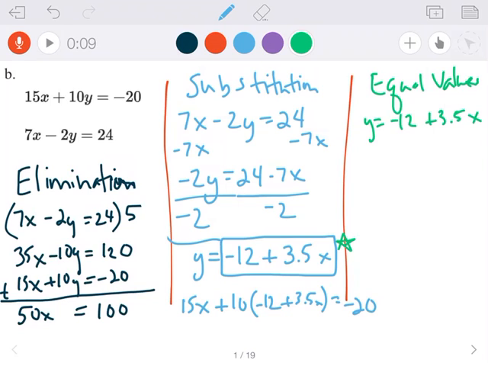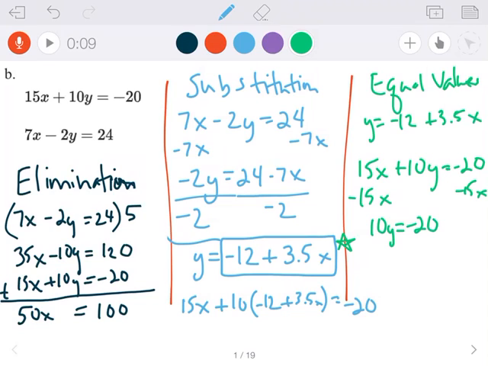So I'm going to take the other equation, 15x plus 10y equals -20, and I'm going to solve it for y, which means subtracting 15x from both sides. So I have 10y equals -20 minus 15x. And then I'm going to divide by 10.